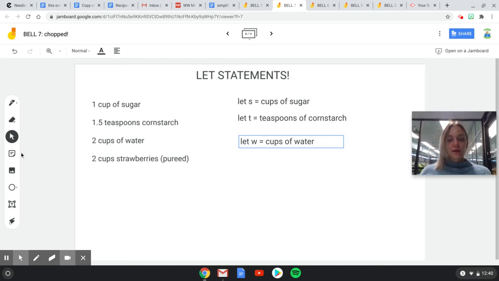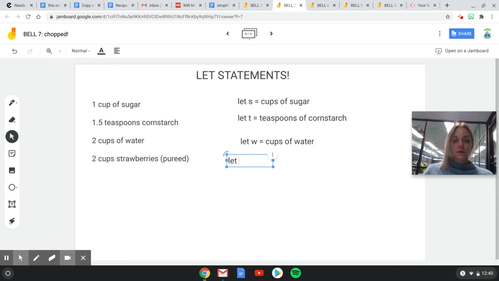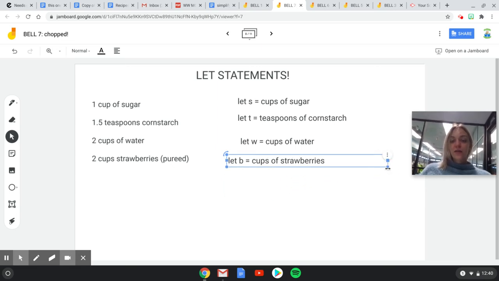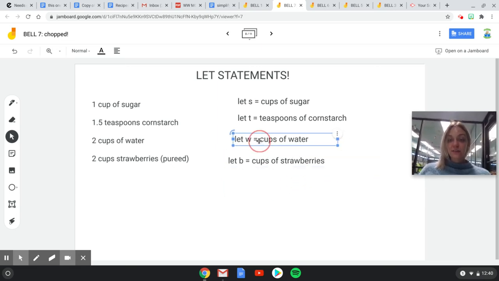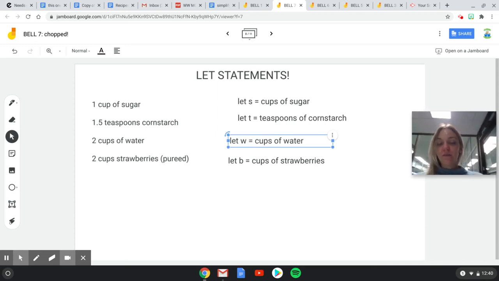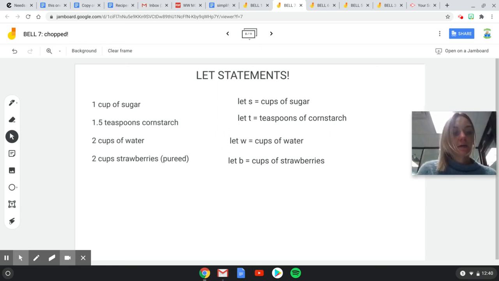And then for strawberries, maybe I will say B. Let B equal cups of strawberries. So now that I have my let statements, literally everything here says let a variable equal some unit of measure of an ingredient. So you have to have the unit. So we've got cups, cups, teaspoons, teaspoons, cups, cups, cups, and cups. You've got to have the unit in your let statement.